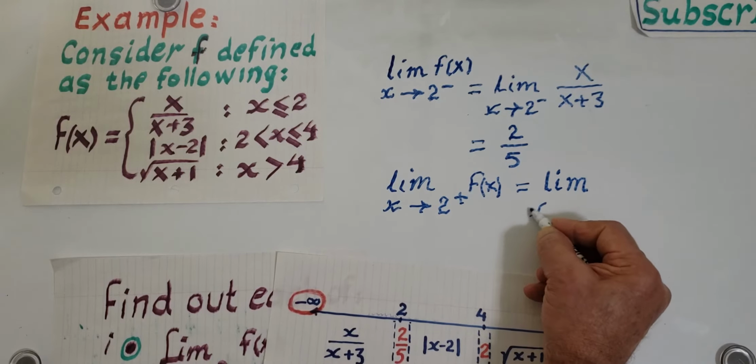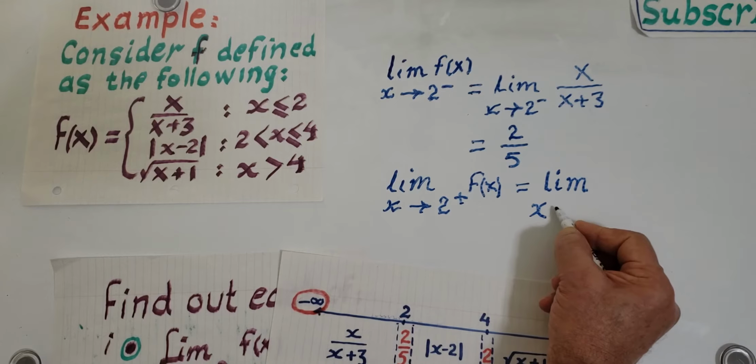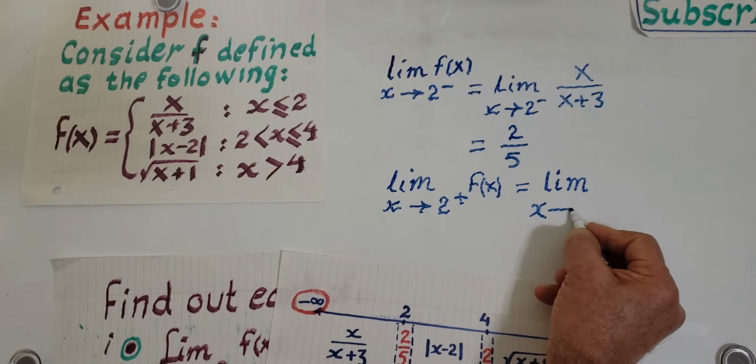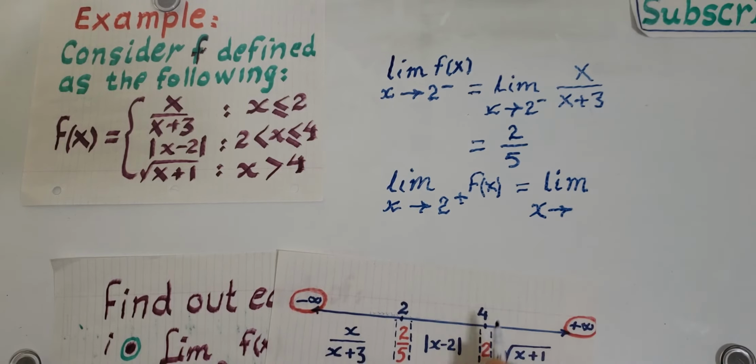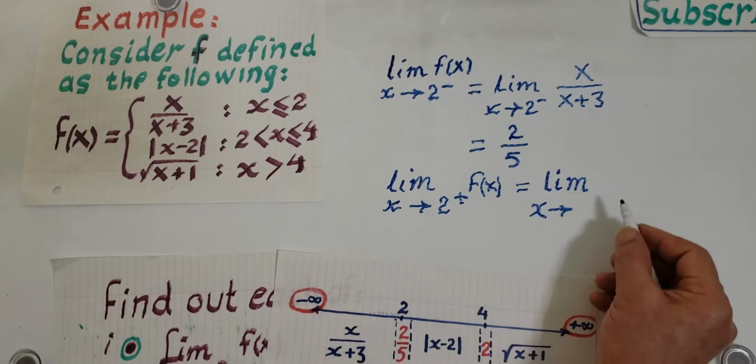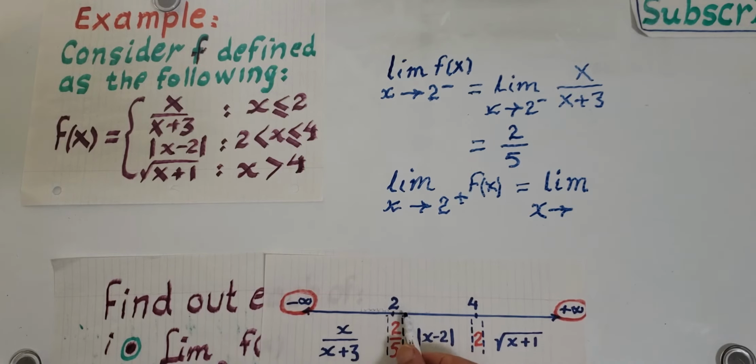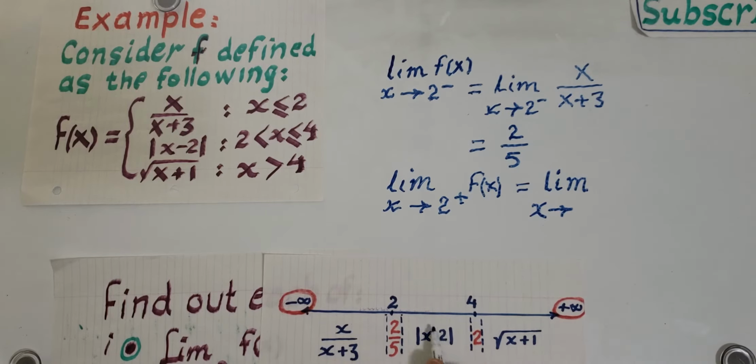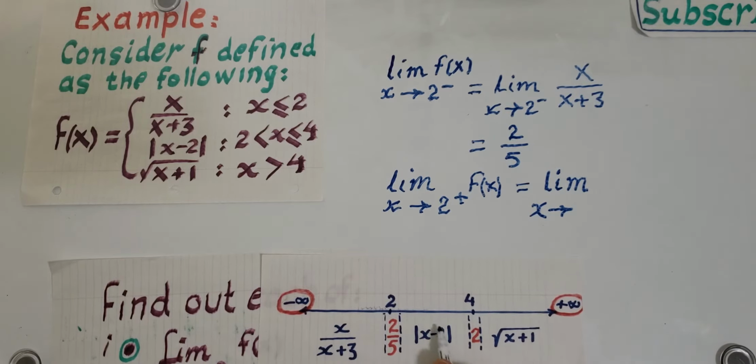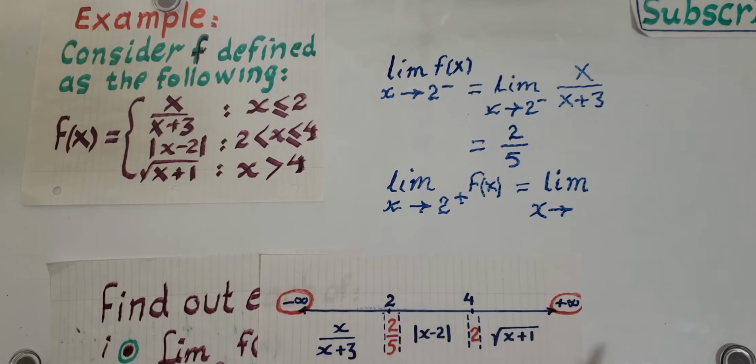So I will just pick the case that coincides with this part of the domain, which is after 2 till 4. It means the value inside the absolute value is positive.